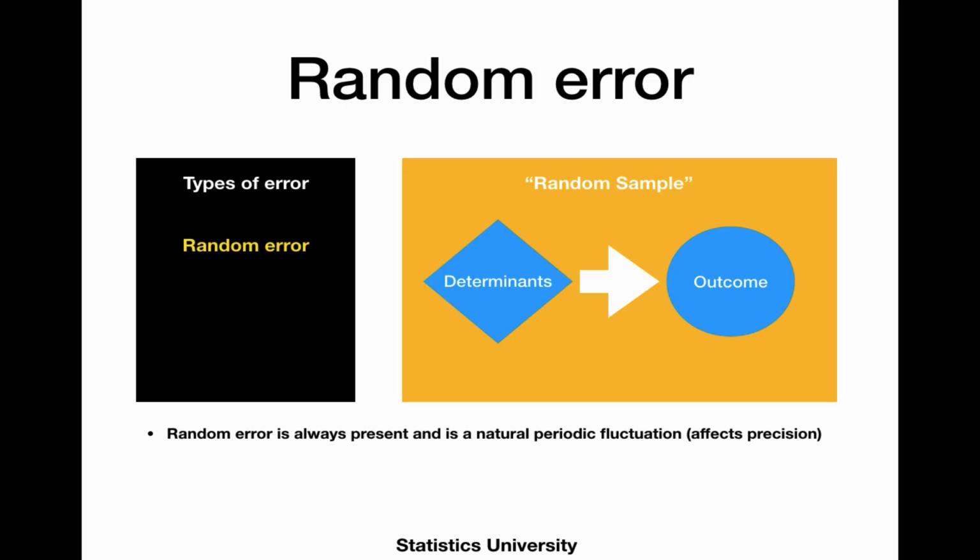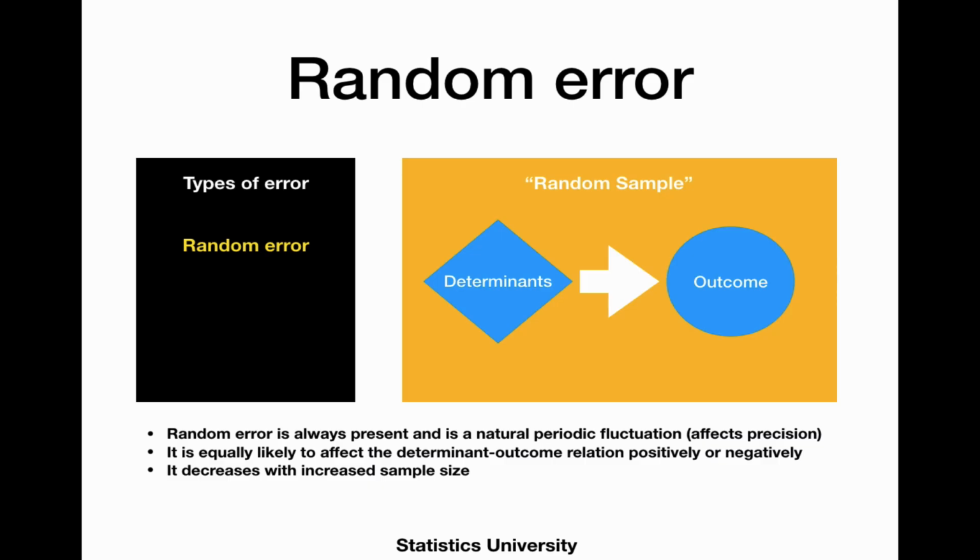This is a natural periodic fluctuation that affects precision. It is equally likely to affect the determinant outcome relation positively or negatively, and it decreases with increased sample size. Furthermore, the amount of random error can be mathematically estimated and adjusted for.